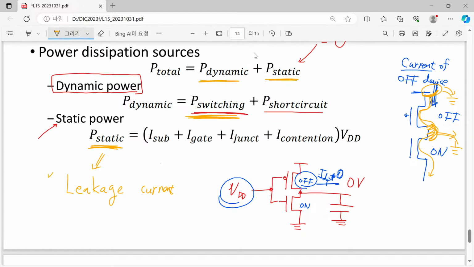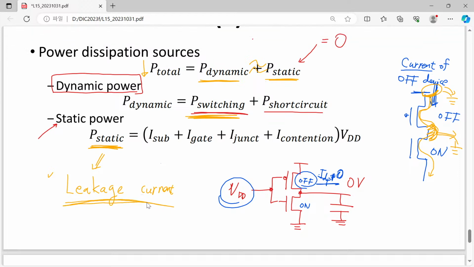However, in reality nowadays, they are more or less comparable. Then in order to reduce the total power consumption, we should be very careful about the leakage current.